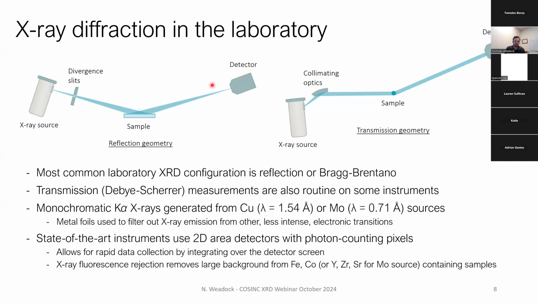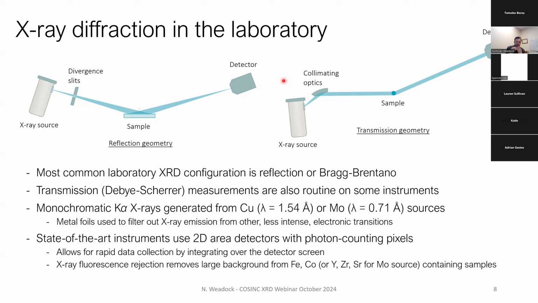And our detector, in state-of-the-art instruments like we have here, uses an area detector to capture a larger range of scattering angle to rapidly increase the speed of data acquisition and the intensity from your measurements. These detectors can also discriminate the energy of the X-rays that are hitting the pixel.